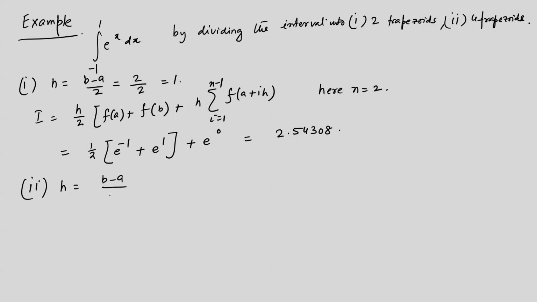Now, for the second case, when you consider 4 trapezoids, in which case your h is equal to b minus a by 4, n is 4 here. So, this is like 2 by 4 equal to 0.5.